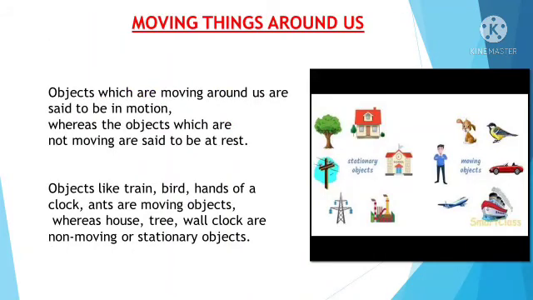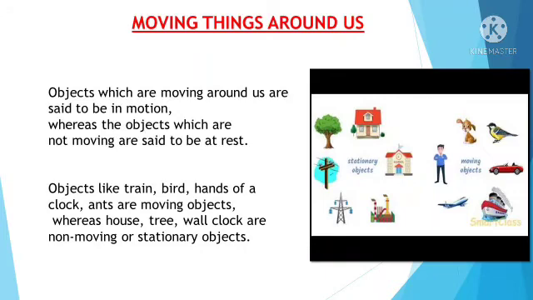There are so many moving and non-moving things around us. Students, if you have a look, then you will see that some objects are moving, like birds, cars, ships, aeroplanes. So these all things are moving.